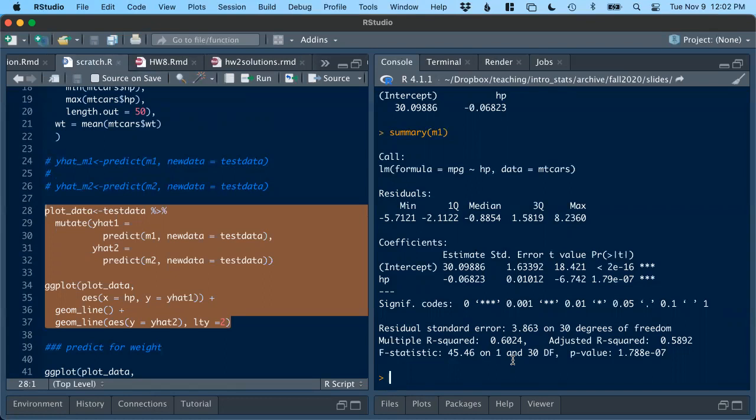But I want us to look at this R squared value, 0.6024. R squared is a simple number that tells us what proportion of the variation in our outcome variable is explainable based on variation in our predictor variable. So we can interpret this as saying about 60% of the variation in miles per gallon, if we assume a linear model, is explained by horsepower.